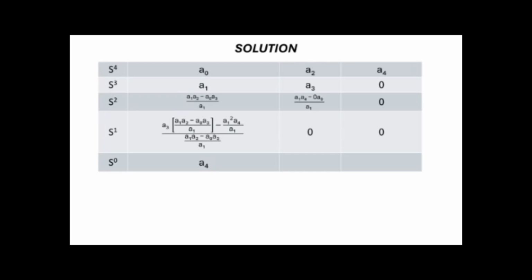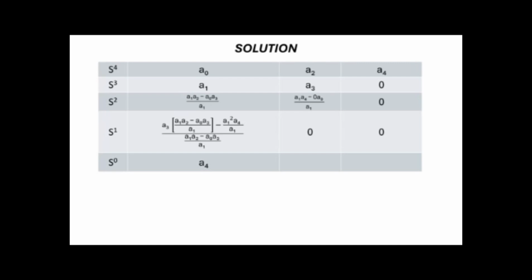The first element, S2 column 1, you multiply the first element of the S3 row by the second element of the S4 row, subtract the opposite diagonal and divide by the pivot, that is the first element of the S3 row. The second element, S2 column 2, you use the same pivot A1, but look at the next column above, that is A4 and 0.